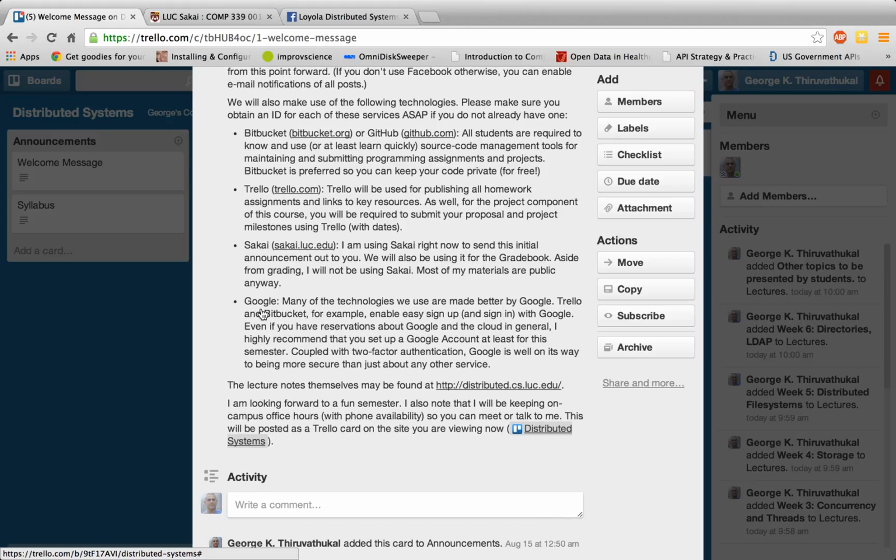And then we'll very likely be making use of a number of Google technologies throughout the semester. If anything, you'll probably use Google for its single sign-on. A comment I want everyone to please take a very close look at is that, in general, I recommend that you enable two-factor authentication for Google. This allows you to protect your Google account a little bit further by having an additional challenge beyond your password.